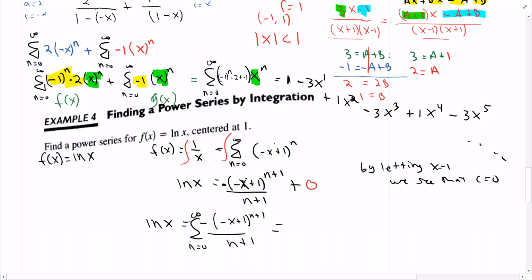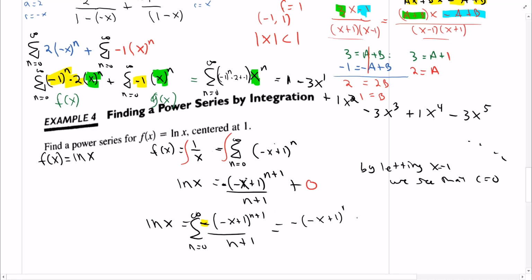And if we wanted to find some of those terms, we just start plugging in numbers. Plug in 0, it's going to be negative, this is going to be 1 over 1, so it's going to be negative 1. No, sorry, I plug in 0, there's still a 1 power, so it's negative x plus 1 to the first power over 1.